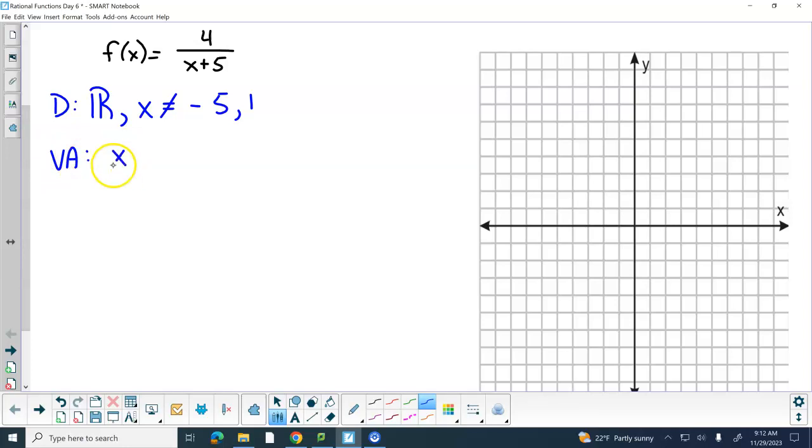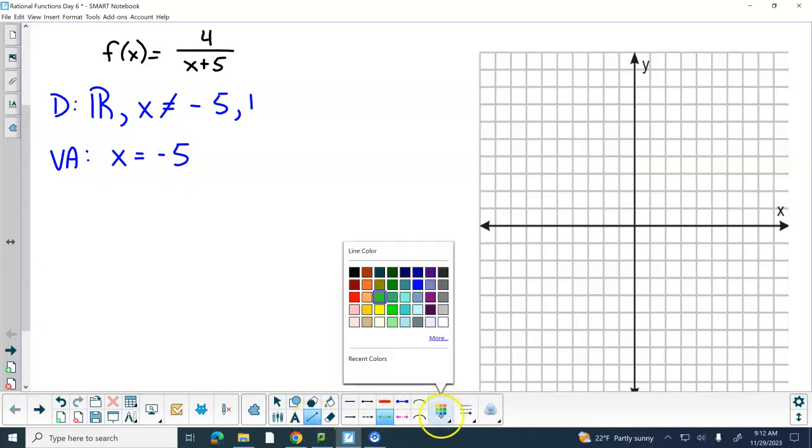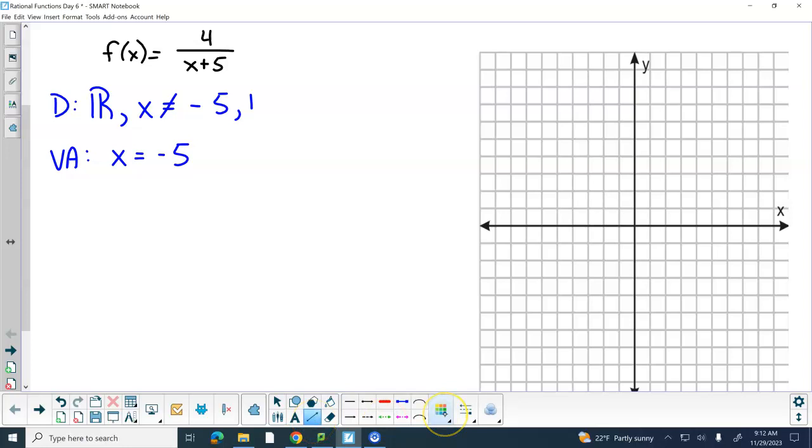X equals -5. Isn't that it? That's it, right? Okay? That goes on our graph.